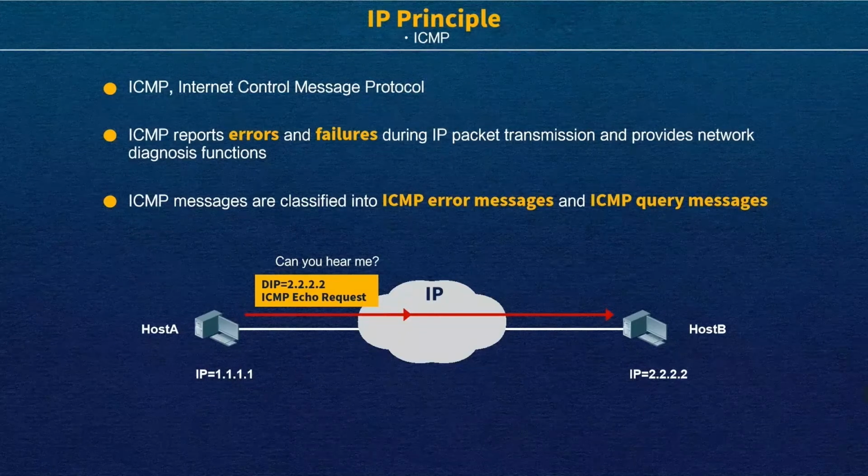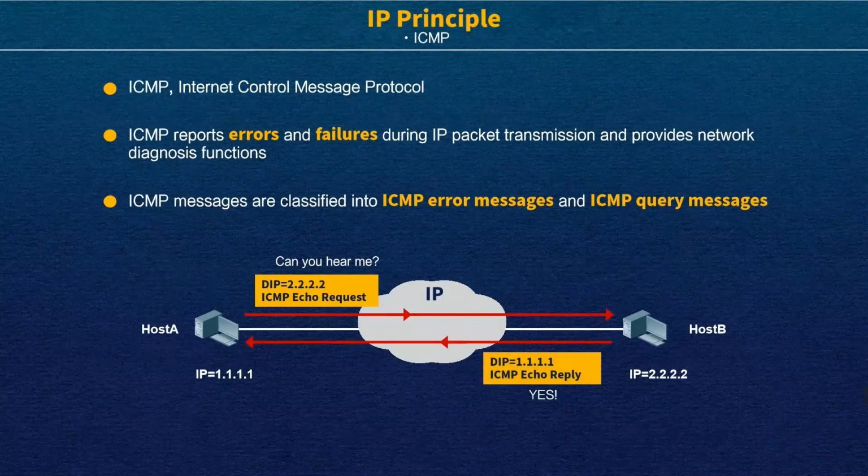All the network devices that receive this request packet will check their IP routing table, find the best path and forward it to the destination. If host B receives this message successfully, it will give a reply: yes, I can hear you. This packet we call the echo reply.